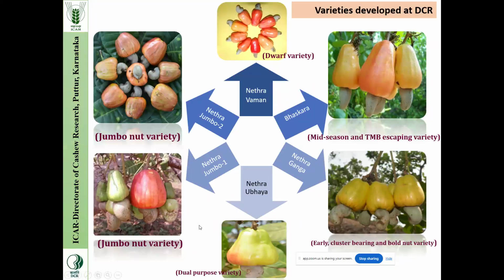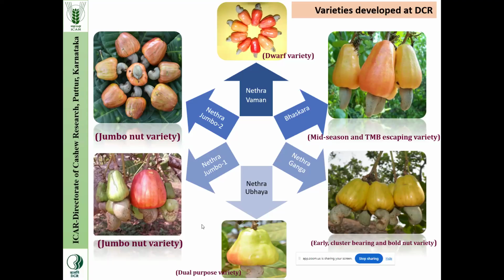Coming to the varieties developed by Directorate of Cashew Research, Puttur. Here we can see the jumbo nut, meaning the whole nut size varieties. Three varieties come under this category, that is Netra Jumbo 1, Netra Jumbo 2 and Netra Ganga. And one most important variety is this dwarf variety which can be suitable for terrace gardening also, that is Netra Vamana.